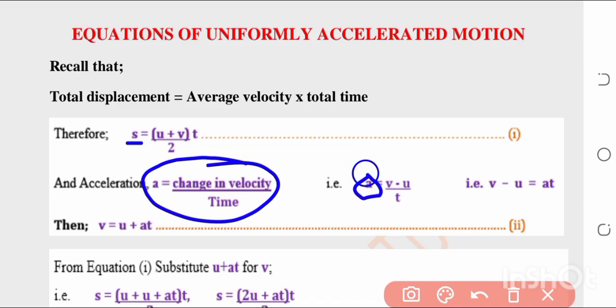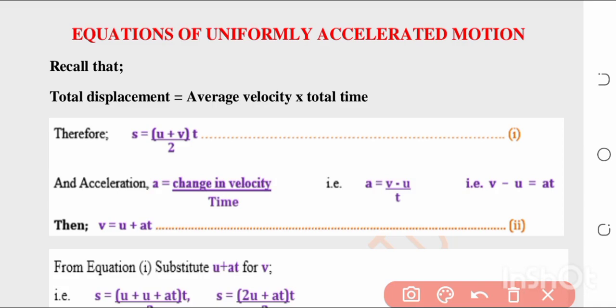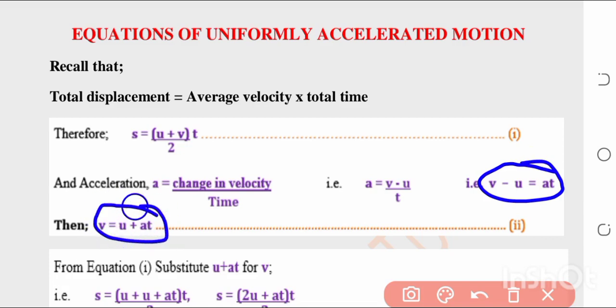Change in velocity simply means final velocity minus initial velocity. Whenever we say rate, it means we are dividing that quantity by time. From there we have this equation, and making v the subject of the formula, we have this, and this represents the second equation of uniformly accelerated motion.